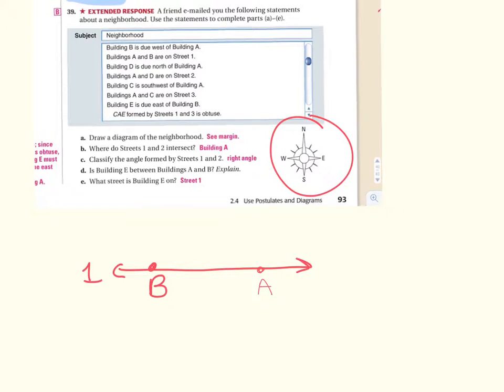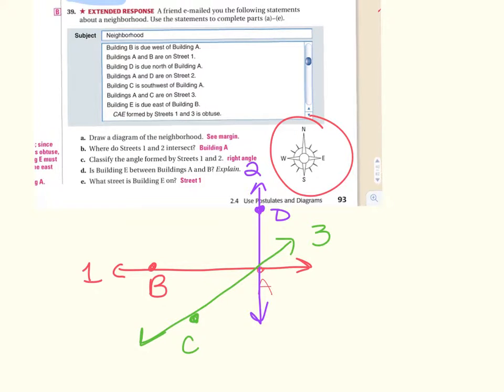Then it said D is due north of building A. Due north would be straight up. And then it says A and D are on street 2. Then it says building C is southwest of building A, so southwest is going to be somewhere over here. A and C are on street 3.